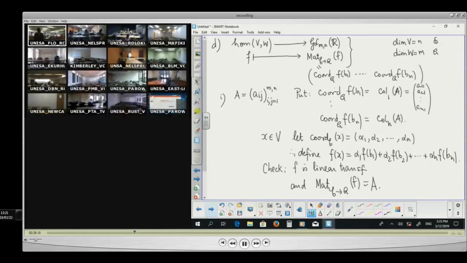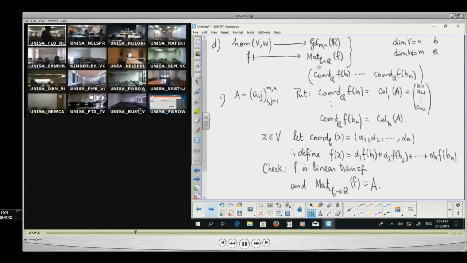I defined a function, and in the first part I took any matrix, so something from the codomain. I exhibited an F whose matrix is this. That means this function is actually surjective.